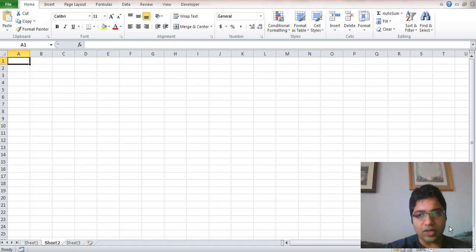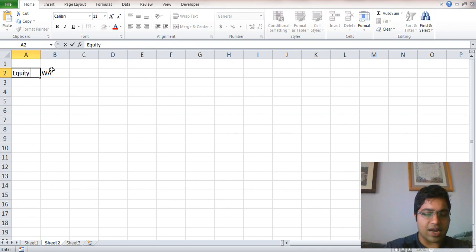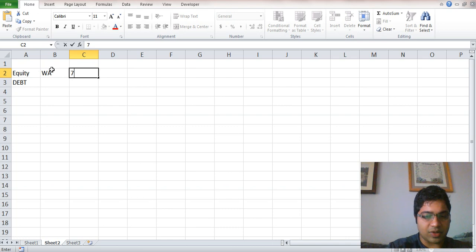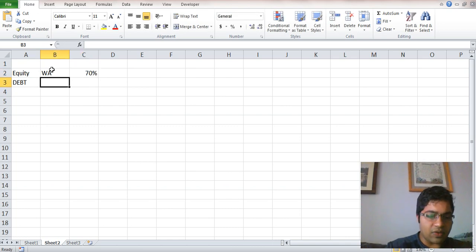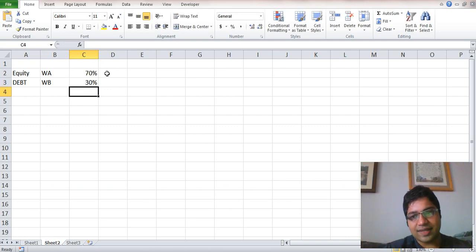Assume you have been given a two asset portfolio, let's say this is equity and debt. Weight of asset A, in our case equity, is 70%, weight of asset B is 30%.